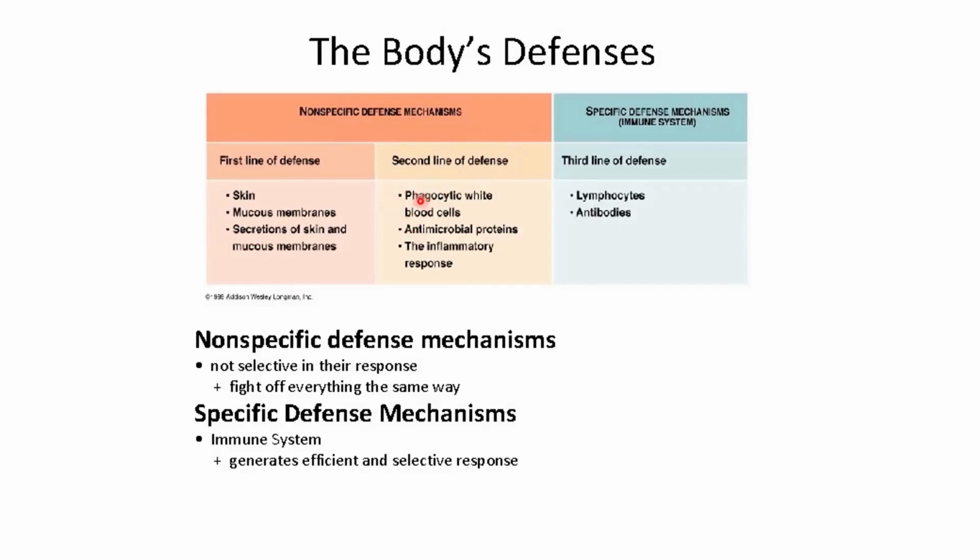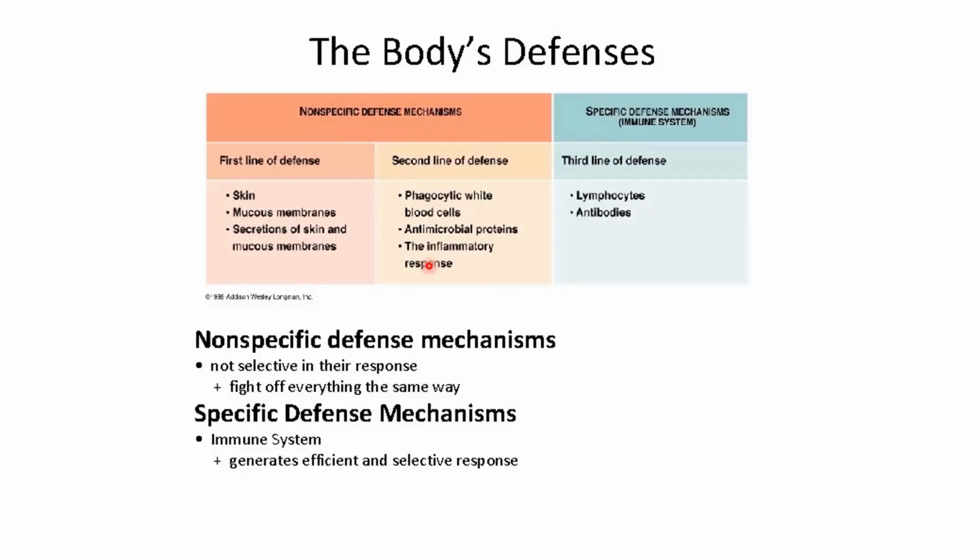I'll tell you what phagocytosis is. Those are specific cells of the immune system, some antimicrobial proteins that directly kill the pathogens, and the inflammatory response of the body. So the body is going to instantly respond to those pathogens to avoid further infection.